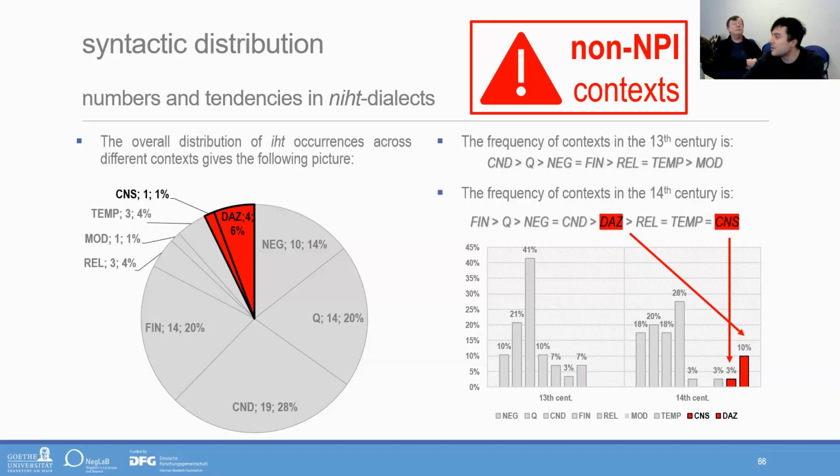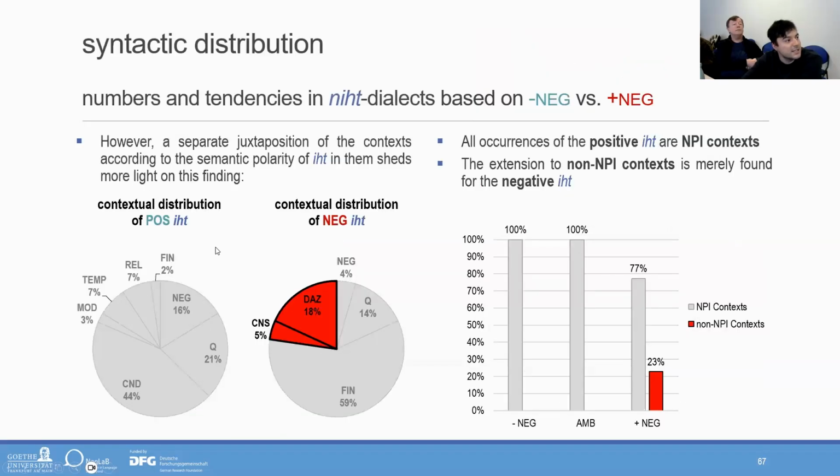Of course, the use of ich has caused that at the end, the output is non-veridical due to the meaning. Because if we look at the uses here, we can see if we put the different uses regarding the semantic polarity of ich, those cases only happen with ich used with a negative semantics. So it was only able to be used in non-NPI contexts if it already had a negative meaning.